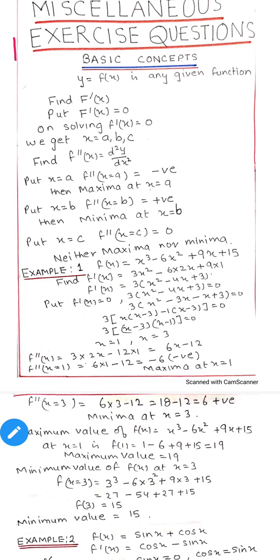Put f'(x) equal to 0. 3x square minus 4x plus 3 is equal to 0. If we solve it, we get x is equal to 1 and x is equal to 3.